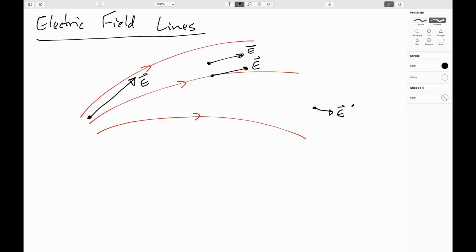And this has the advantage that we don't have arrows crossing all over each other. So you can just look at the lines and say, oh, I need to know the electric field vector at a particular point. And you can use these rules that the direction is tangent to the line and that the length of the electric field vector goes as the density of lines in the area. But it gets better.